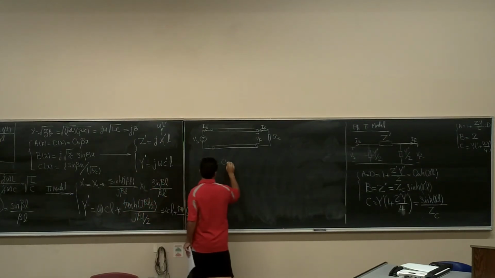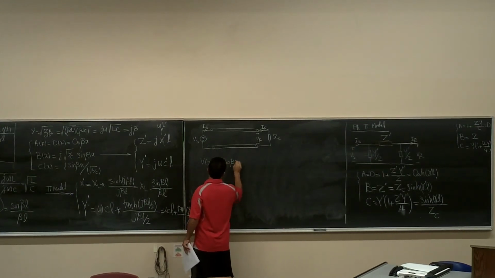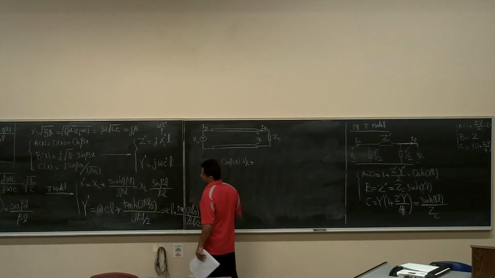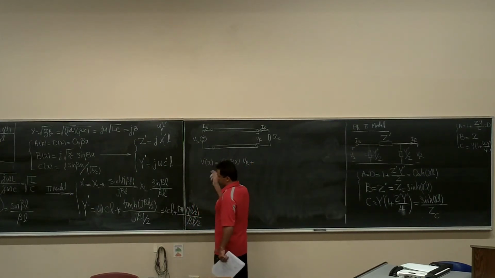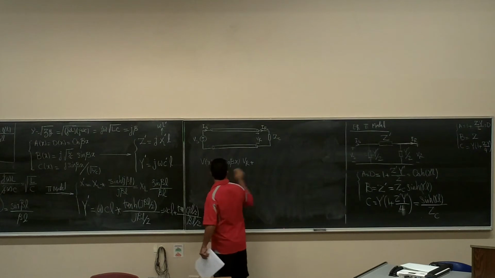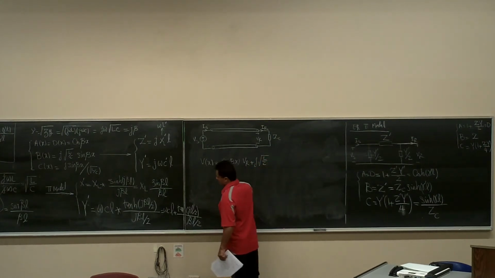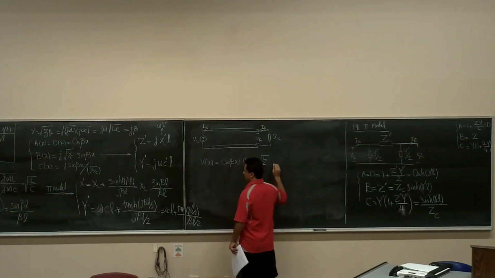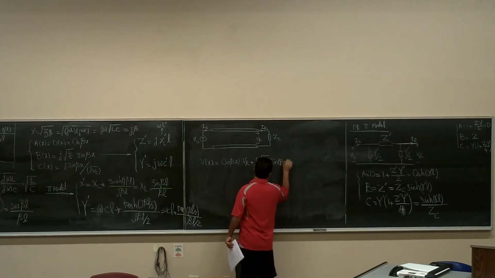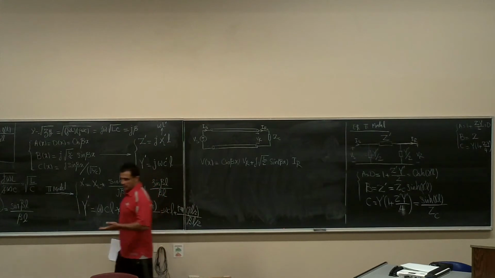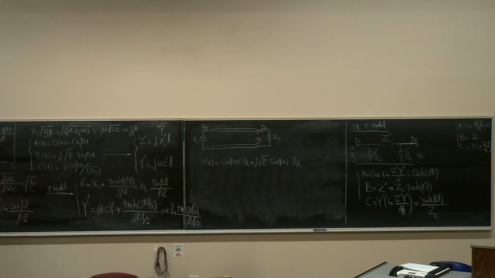It's going to be cosine beta x times VR plus the next part, j times square root of L over C times sine beta x times I. I just wrote the voltage equation based on the ABCD I have here. This is my ABCD here, right?